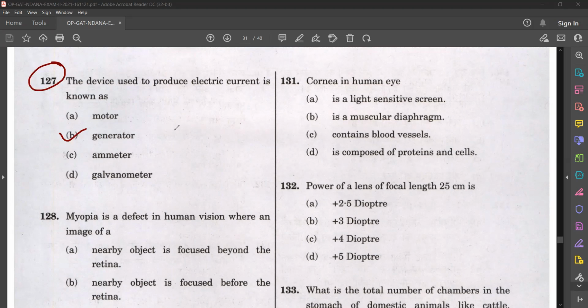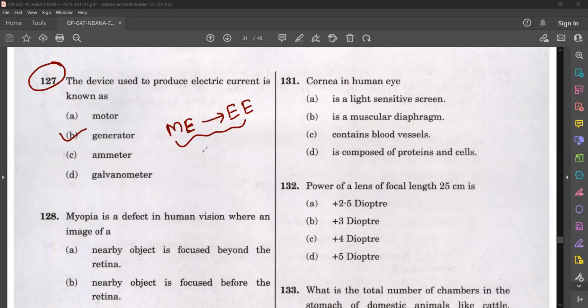Generator is a device that converts mechanical energy to electrical energy. What happens? You will move a conductor inside a magnetic field, then electricity is produced, isn't it? So that works on the principle of what?